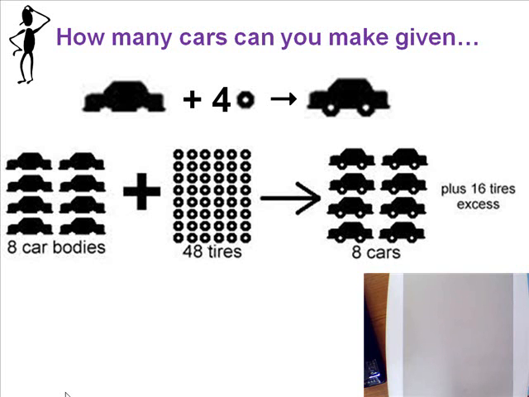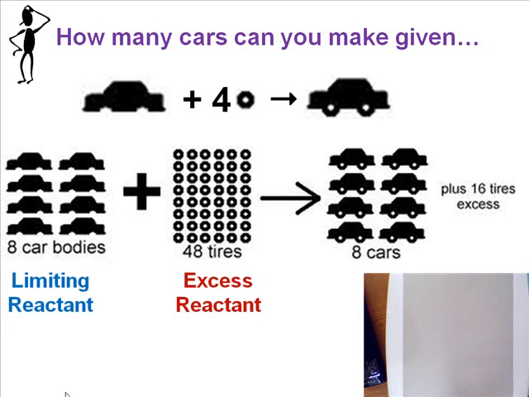What do I do with those 16 tires? Nothing. They still stay there. They're still accounted for. We got to make sure all the pieces are accounted for. But we would say that the tires are in excess. So tires are the excess reactants, and the limiter for how many cars you can make is the car body itself. So in theory, we can make 8 cars if we have the starting material shown.